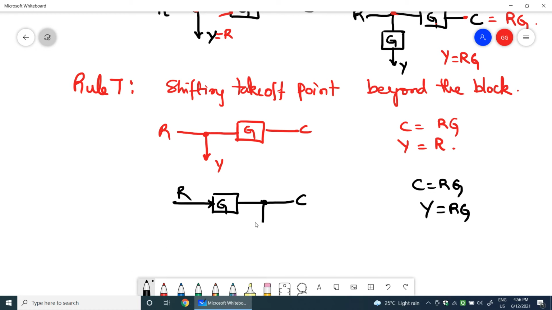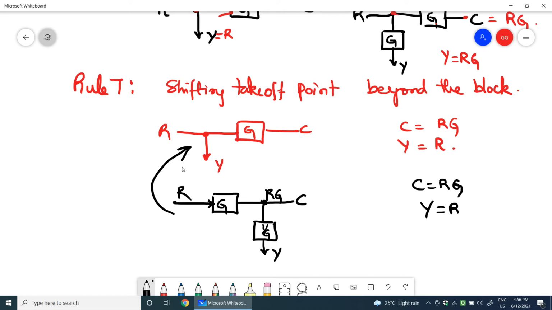So therefore it's very simple. We'll try to divide Y by G. So I'll take 1 by G here and then Y. Now you see C is still equal to RG, but R into G coming here gets multiplied by 1 over G, and Y will now become R. So therefore this is equal to this.